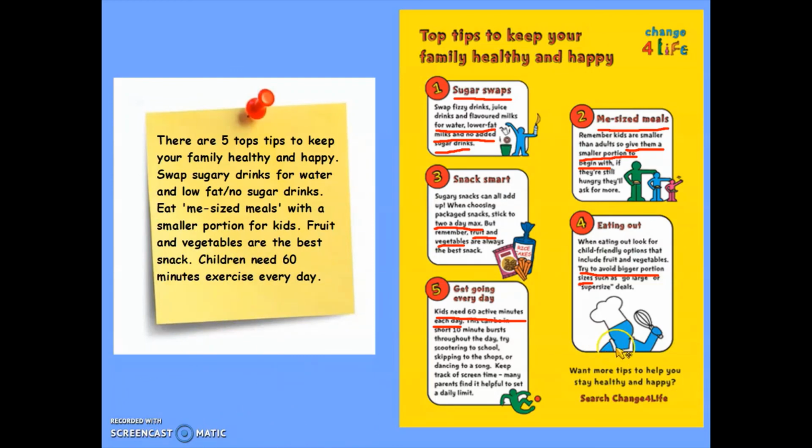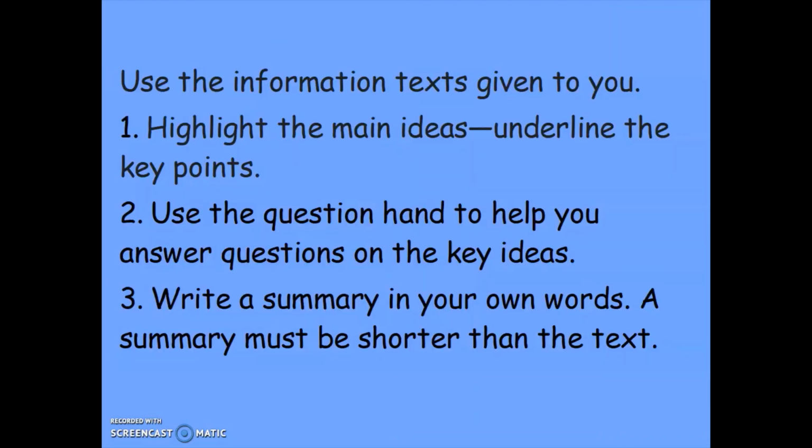Together, we've summarised this healthy lifestyle leaflet, making sure that we've told the main points in our own words. In your learning packs, you have been given some information texts. Today's task is to use these texts and summarise them.